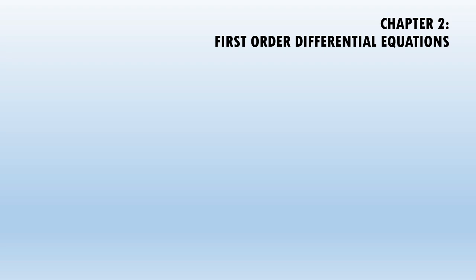Then by integrating both sides, on the left is e to the power of 2t times r, and on the right side we integrate 3e to the power of t with respect to dt. So we integrate on the right, so we have 3e to the power of t plus c.